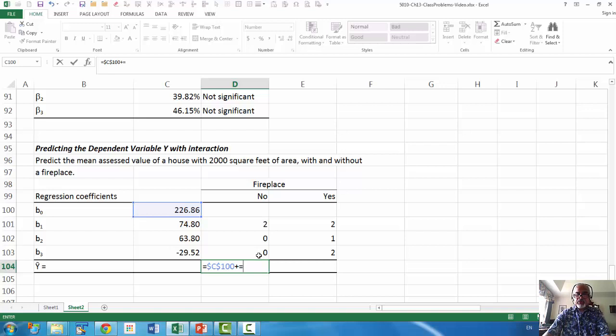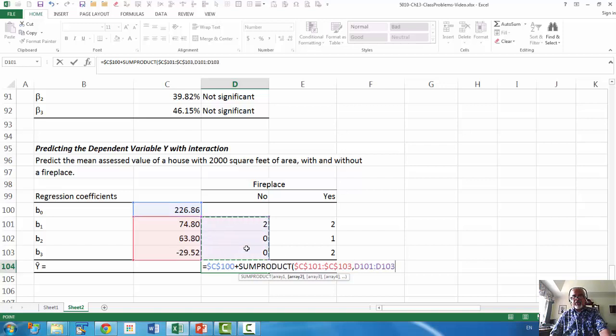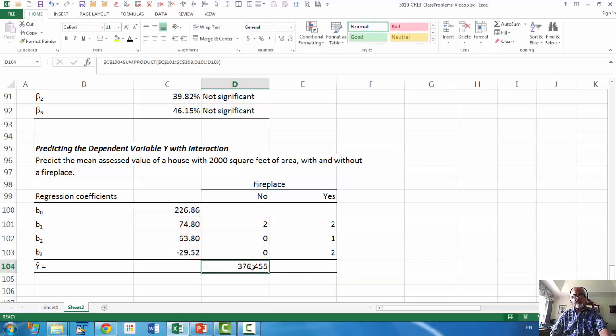So we can use the function SUMPRODUCT to accomplish that instead of going pair by pair, which can be cumbersome. So we take all the three slope coefficients together, make that absolute reference, and then the three corresponding x values, and that will achieve the same thing as before. So this is how you will apply the interaction regression equation for predicting the y value.